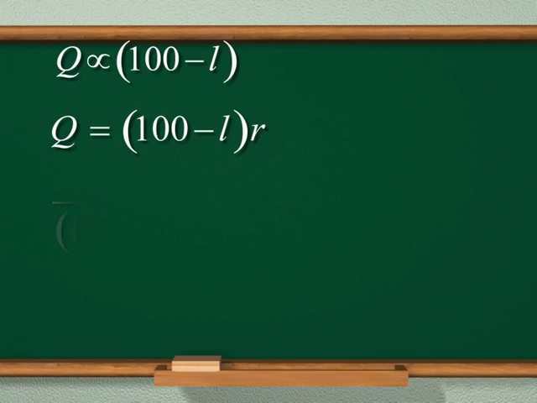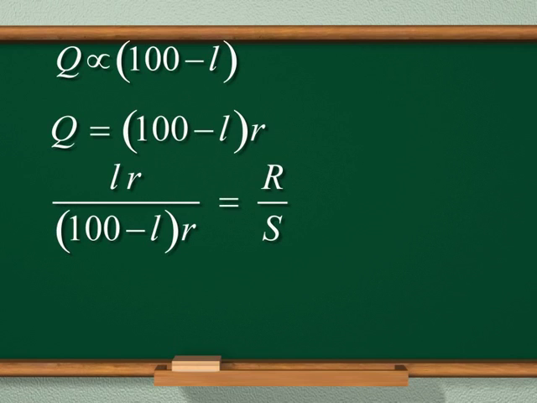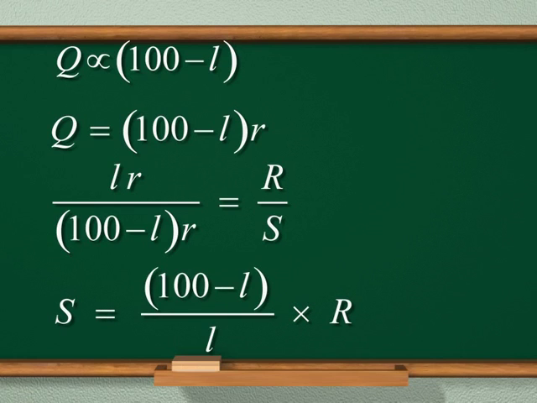Thus, we can say L r upon 100 minus L into r is equal to capital R upon S, where small r is the resistance per centimeter length of wire, or S is equal to 100 minus L upon L whole into R.